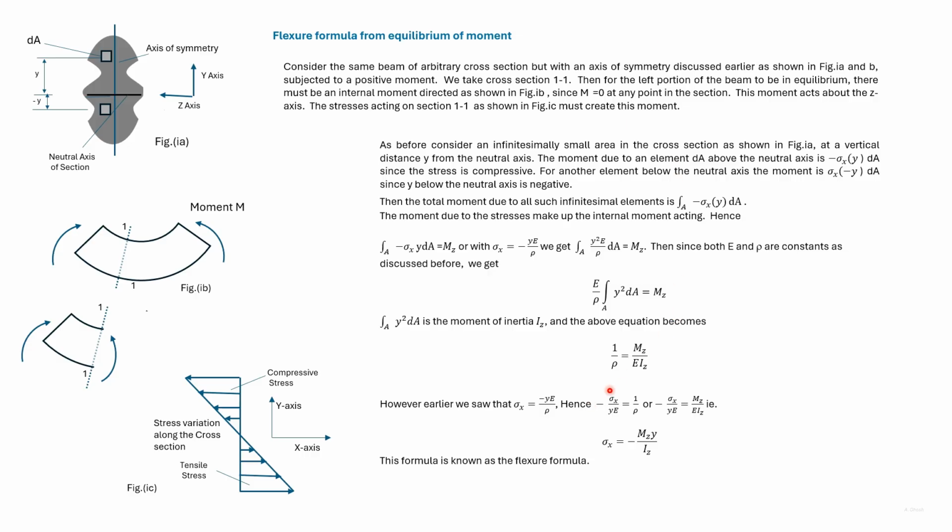Equating the two expressions of the inverse of radius of curvature, we get sigma x is equal to minus Mz times y divided by Iz. This formula is known as the flexure formula, and it is commonly used in mechanics of materials.